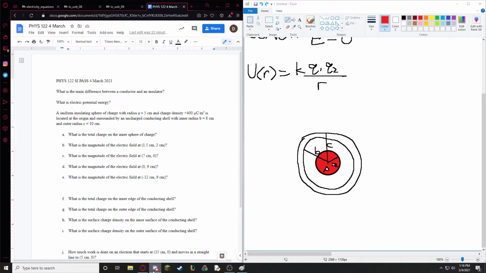All right. So we have our insulating sphere of charge at the center. We have its radius and we have its charge density. First of all, what's going to be the total charge on our inner sphere of charge? What's our total charge Q?